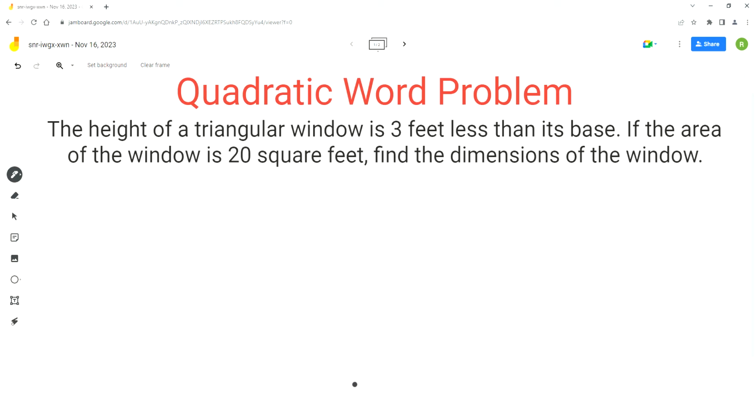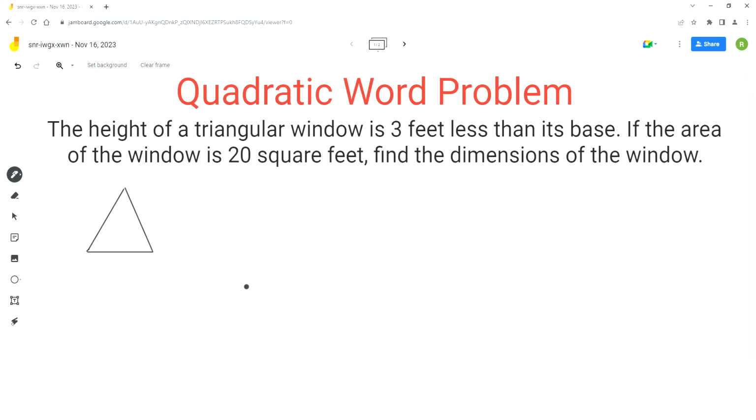Now, when it says dimensions of the window, that means we have to find the base length and the height of the window. So the first step in this problem is to draw a diagram for the window so that it becomes easy for us to visualize what's given and what we need to find.